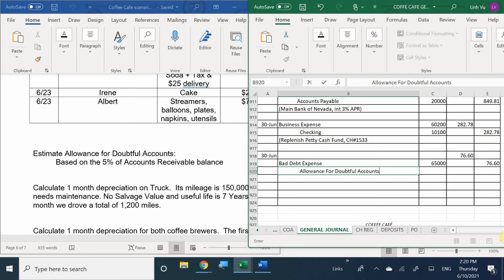All right. So here we are. Allowance for doubtful accounts. What account number is that? 11100. Okay. And we are, oh, whoa.